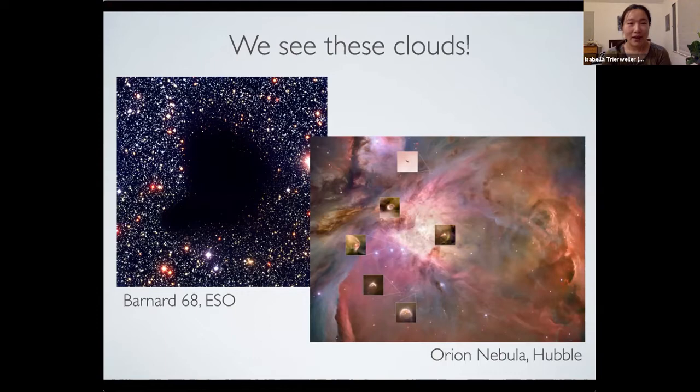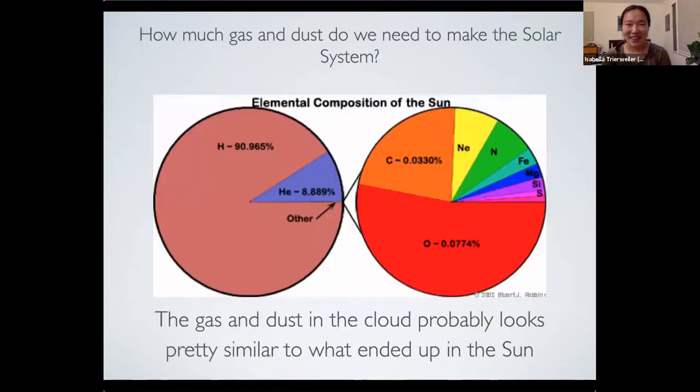Okay. But I mentioned that we wanted to figure out how much gas and dust we need in these clouds. And to do that, we can do a kind of cool trick. And the thing that we're going to start with is the assumption that this original big cloud of gas and dust probably looked pretty similar to what ended up being in the sun. And that's great. We know quite a bit about the composition of the sun.